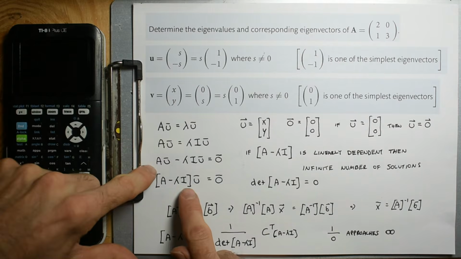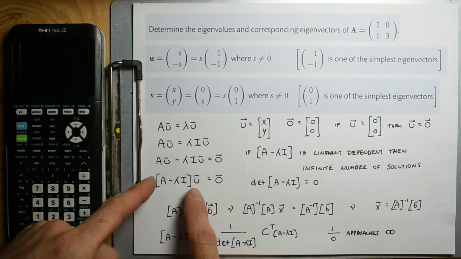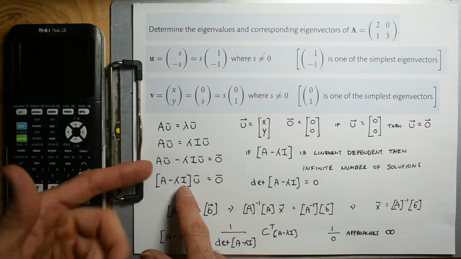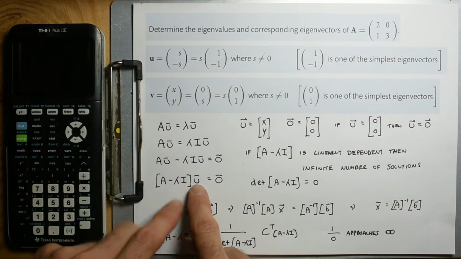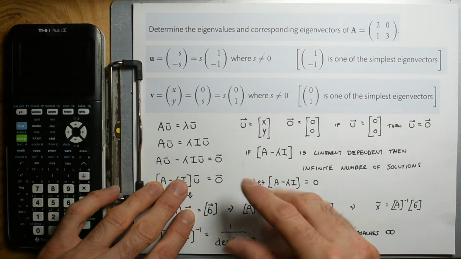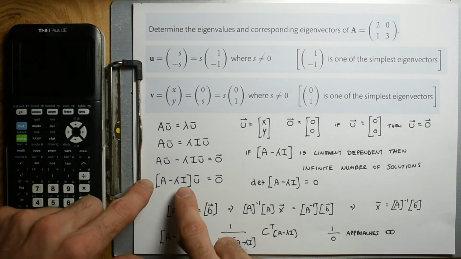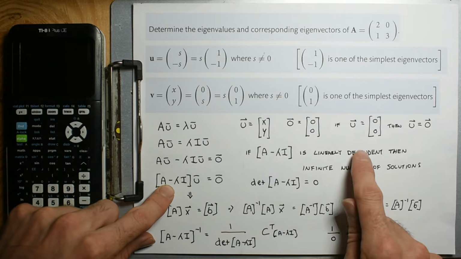Okay. And then we're going to find out that it's not even as if this side just has zeros in it, there's a solution. This side will have a solution, where x and y are some number, if this matrix is linearly dependent.